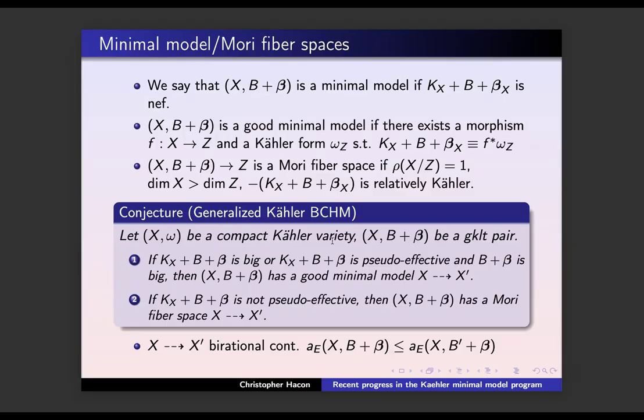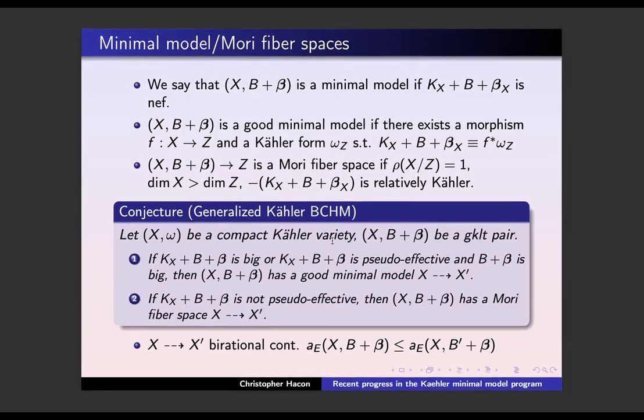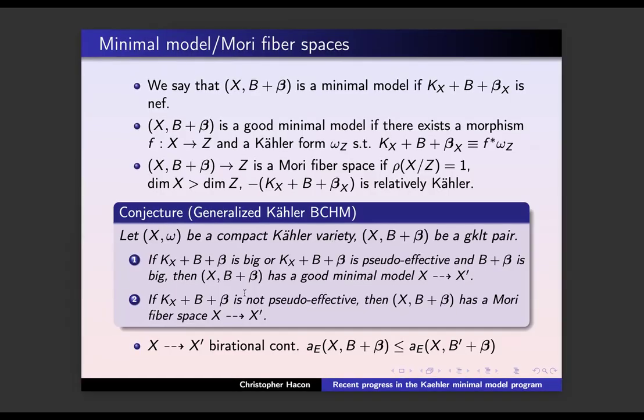Yes. Maybe you were going to also say this, but this relatively Kähler condition, why don't you just say projective, since the fibers are rationally connected? Okay, so it will turn out to be projective. It's not immediately clear that if K_X + B is numerically 0 over the base, then there's an ample divisor.